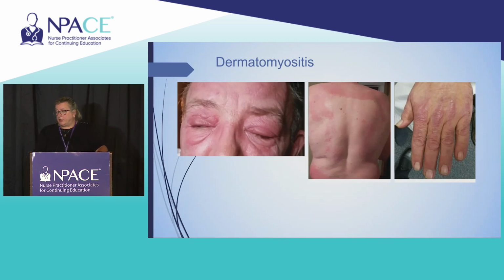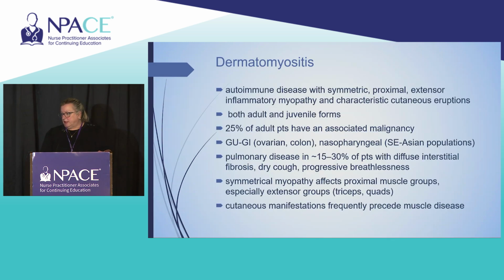If you look at those photographs and you look at the one in the middle, you may just decide he's just had a sunburn, right, and nothing particular going on, or that the older woman has some irritation at her eyelids from her eye drops, or maybe that the man on the left has some rheumatoid issue affecting his knuckles. But again, this is one of those diseases where with a full body exam, you try to piece together all of those symptoms to narrow down the diagnosis.